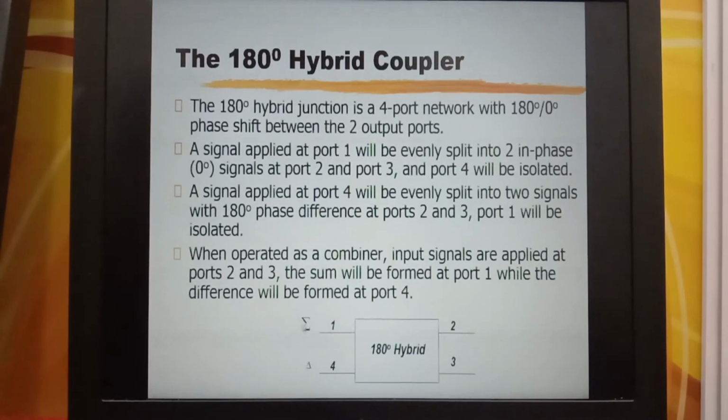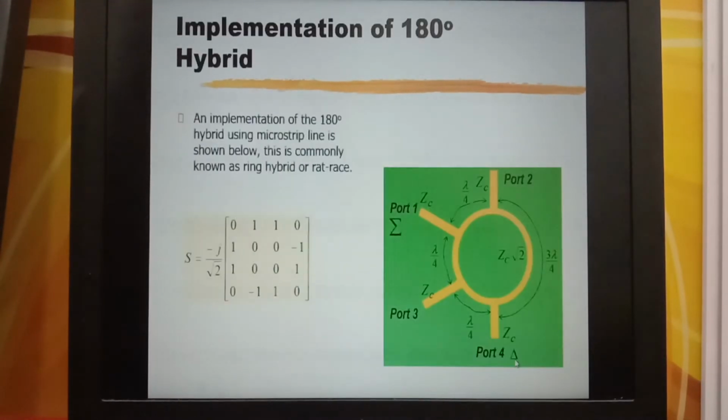So that means we can get the sum of the two signals and also the difference between two signals connected to port 2 and port 3. This is one example of the magic T or rat race circuits.